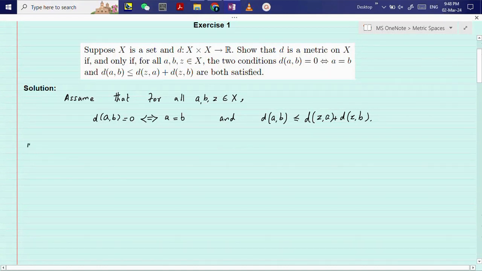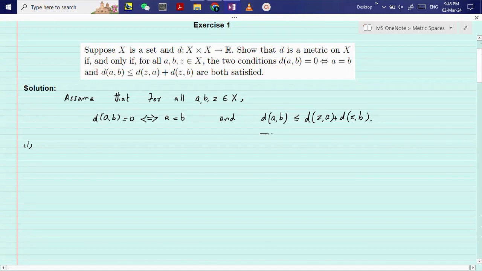The first property is non-negativity for the map D. We prove the non-negativity of the map D to show D is a metric on X. For all a, b, z belonging to X, we have that D of AB is less than or equal to D of ZA plus D of ZB.